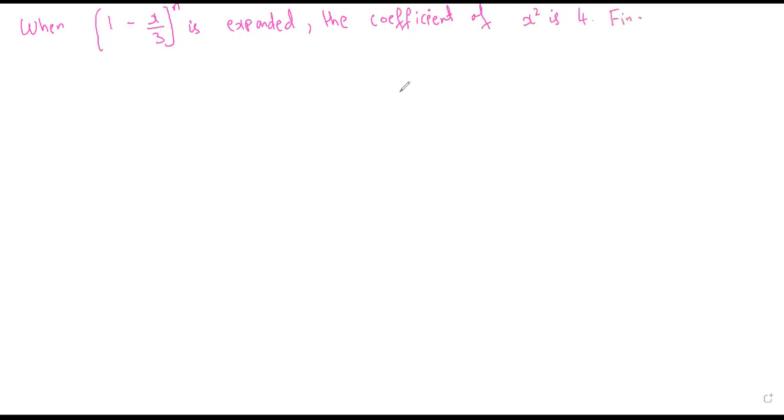Find n. Okay. Now I agree that I did not talk about such a question. I'll just explain this. I'll give you 2 minutes. Think about it. If you're not able to do it, I'll do it for you. It says when this is expanded, we do not know what exactly n is, but they are telling you that the coefficient of x squared is 4. So you need to find the value of n. So you can take some time, think about it, and if you're not able to do it, then I'll do it for you.